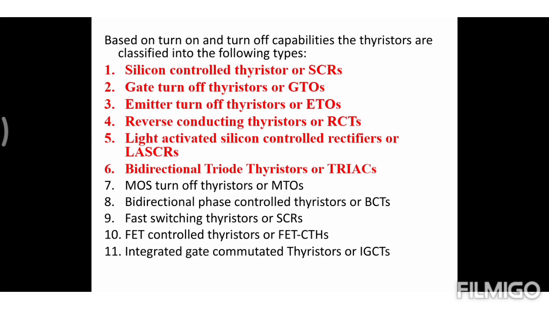Out of these, mainly we are going to discuss the first 6 thyristors only. Why? Because these 6 thyristors are important, and the remaining thyristors are used only in specific applications. Okay? So let us see what a silicon controlled thyristor or SCR is.